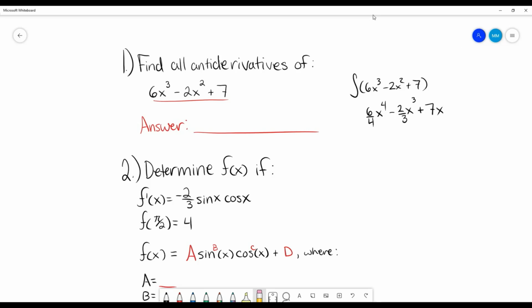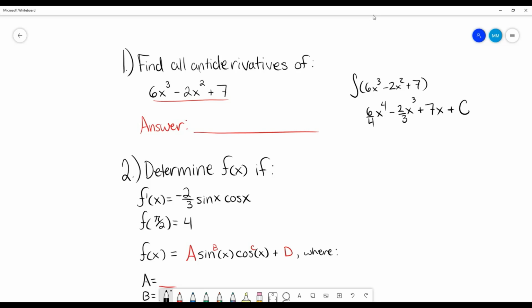But we want to find all of the integrals for this, which means we have to add a plus c. What the c is right here, this stands for constant, and that just means that there could be a constant in this equation before the derivative was taken, and we have no way of knowing what that constant is without other details about the function.